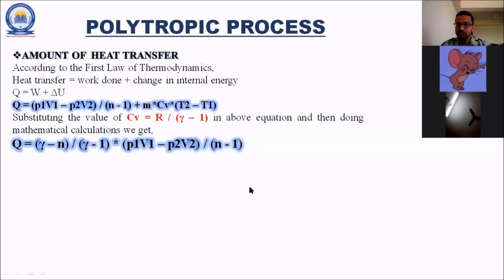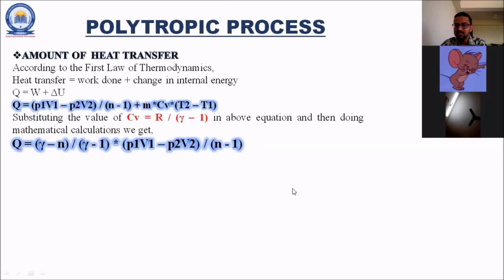Dear friends, slowly and steadily understand these steps, substitute the values perfectly, do the mathematical calculations and try to get this answer of Q. Q is equal to (gamma minus n) upon (gamma minus 1) into the bracket (P1V1 minus P2V2) upon (n minus 1).